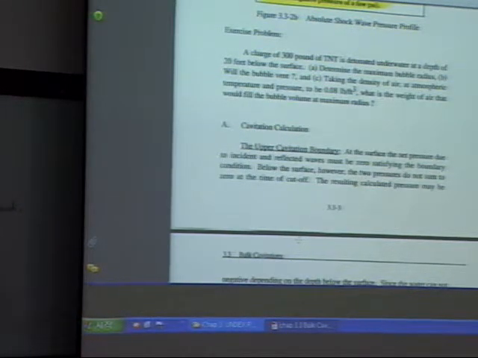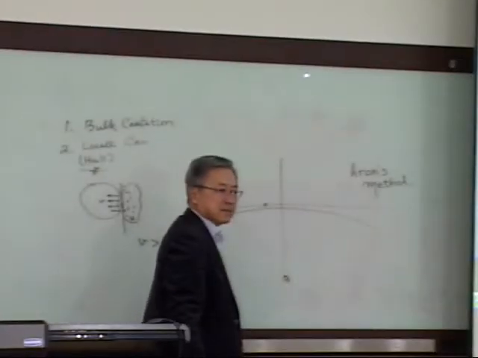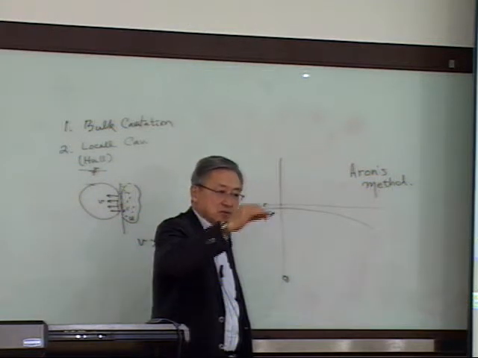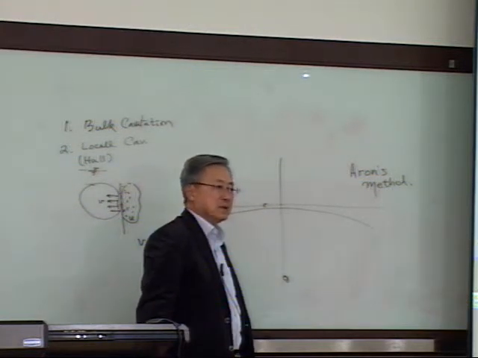It has two boundaries. It has charges here. One is the upper cavitation boundary. This is not touching the free surface. Why? Because you have atmospheric pressure, so it should always be below zero.